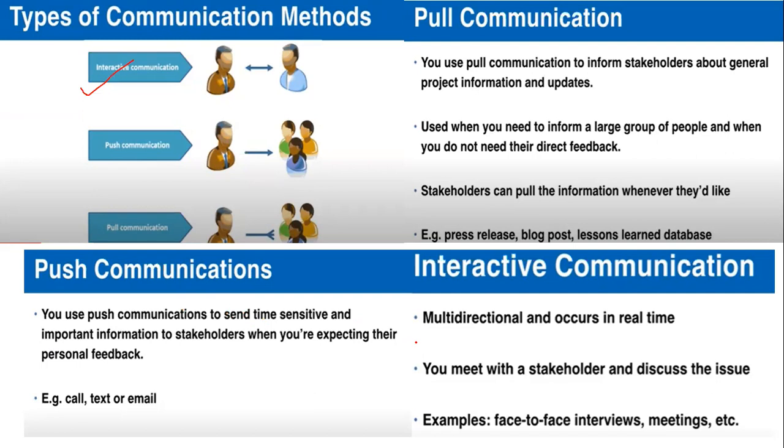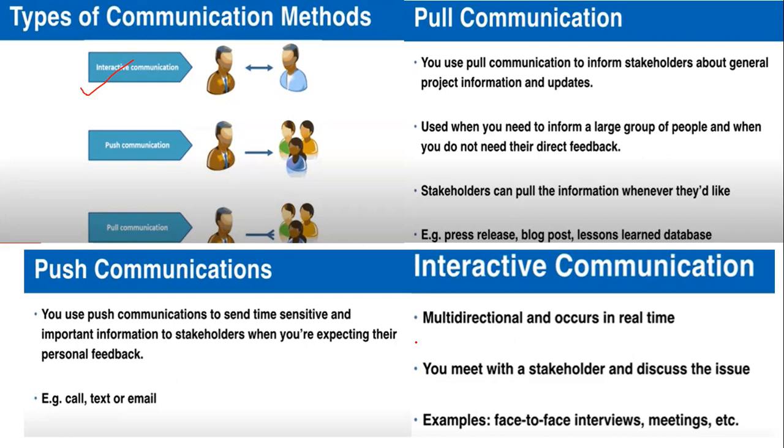It can be a group, it can be stakeholders, wherever you feel the communication is needed from them. So you give a press release, a blog post, a lessons learned database. With this you are trying to pull, to get communication inputs.